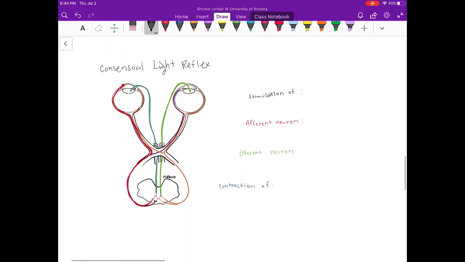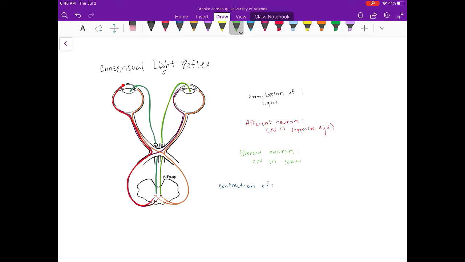This is different, but very similar to the consensual light reflex. So let's say you still have the light shone in your left eye. It affects your left cranial nerve number 2, but that causes the efferent nerve, the cranial nerve number 3 on your right eye, to also tell your pupil to constrict.